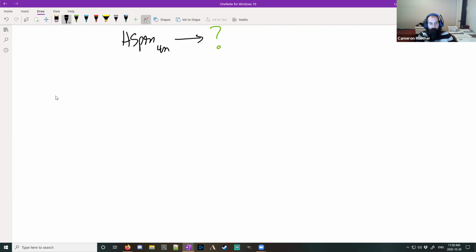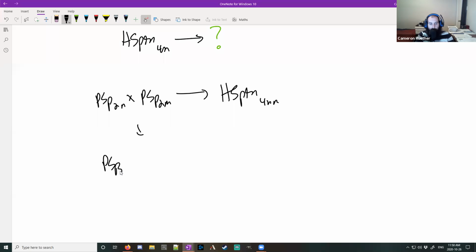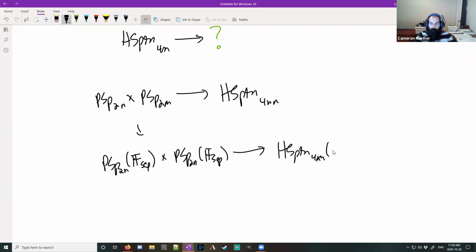These maps, for instance, like this one for HSpin, of course, give you maps over the separable closure, which is kind of a pain to write out. But anyway, you get these maps over the separable closure.